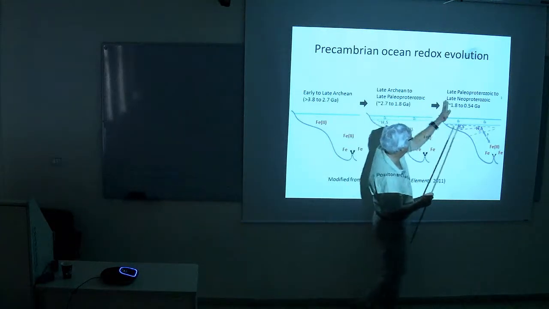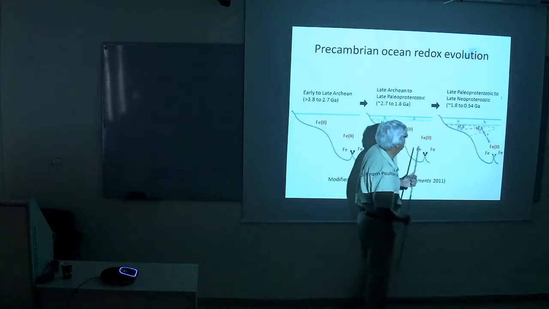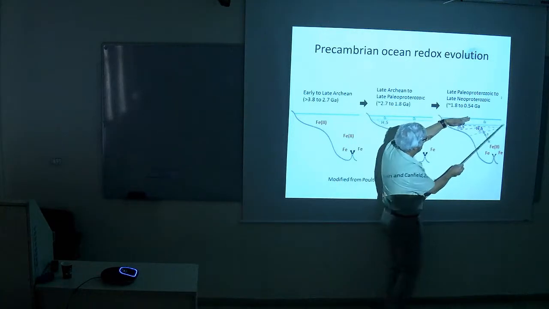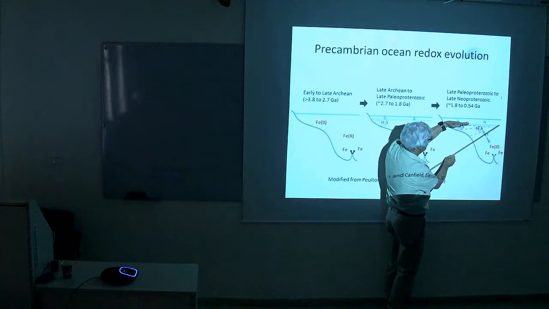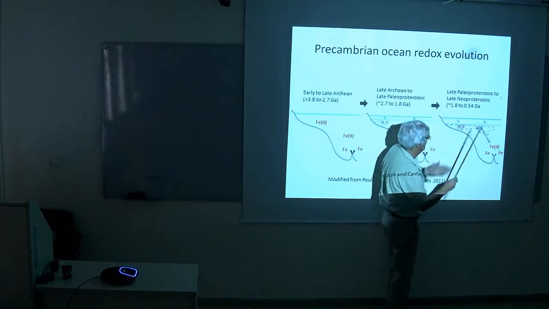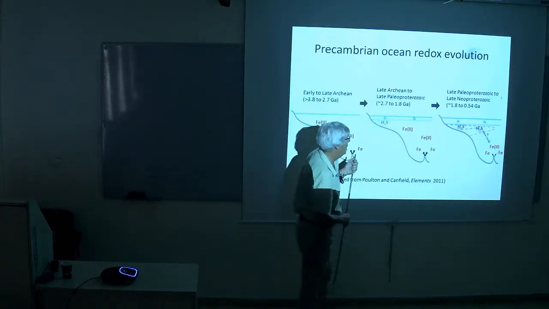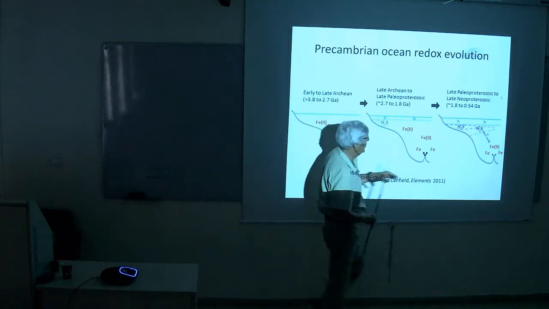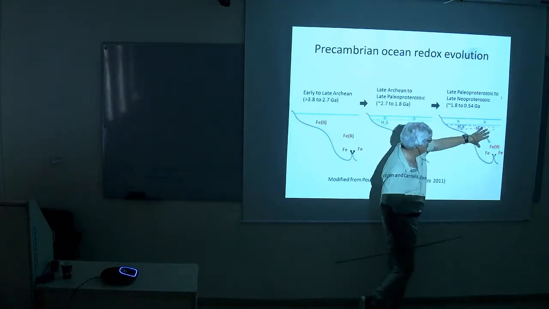And then from 1.8 down to the start of the Cambrian, we have a dominantly H2S ocean, as Canfield proposed, but you have these periods, like this period in the very late Neoproterozoic, when the oceans became ferruginous.